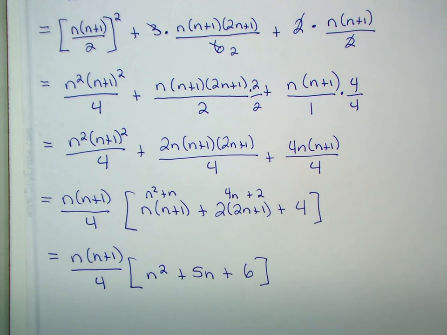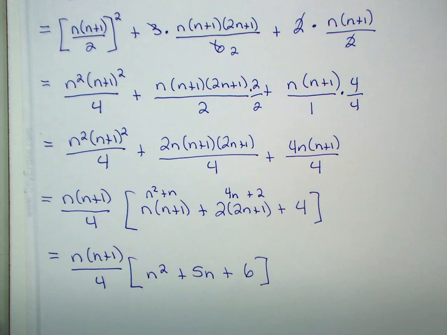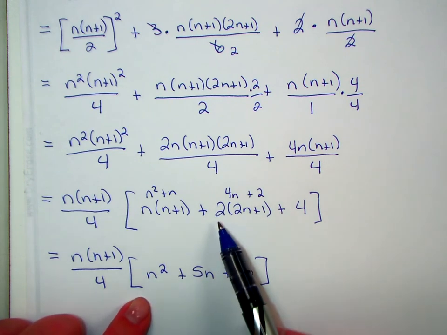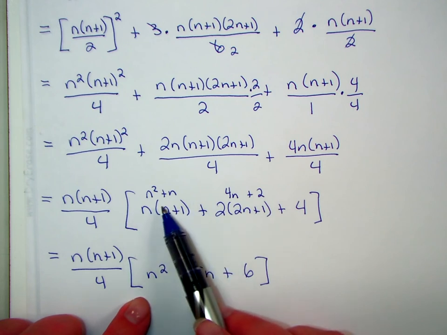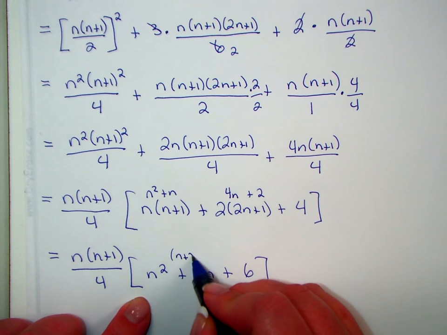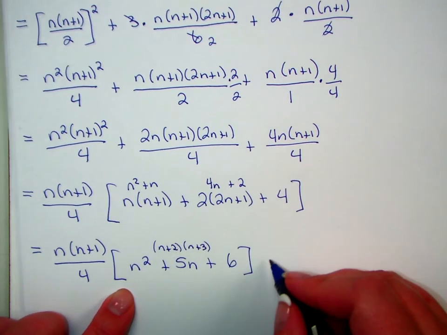Does that factor? Yep. Okay, what's left over cannot factor. It has to be factored completely. So n squared plus n, just double checking my work. n squared, 5n, and 6. Yeah, because this factors to n plus 2 times n plus 3, correct? So it looks like I should factor it.